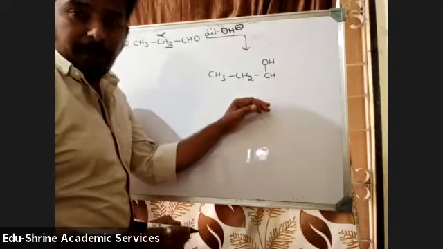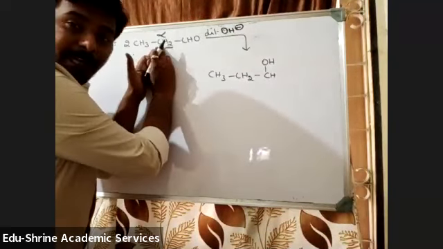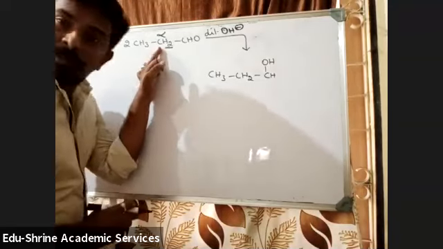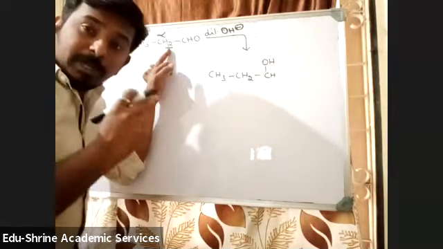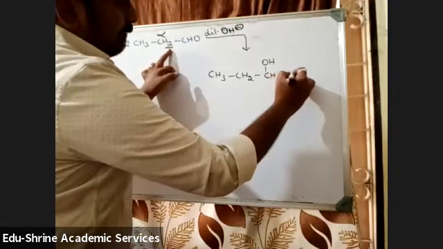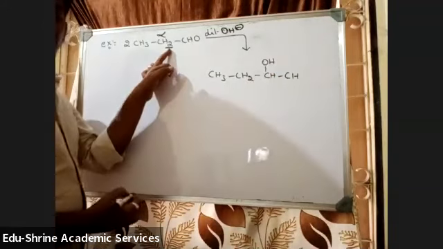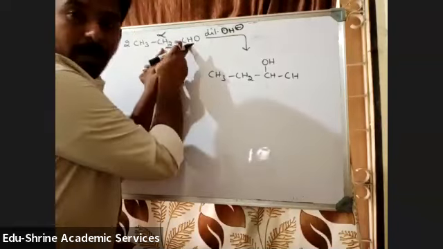This is from one part. Then from the other molecule, this is the carbon atom where you will be getting negative charge, right? Alpha carbon atom you will be getting a negative charge. That means CH2 will be converted to CH. One hydrogen will be lost from here, and that will be attacking this carbon atom, CH. Attached to this carbon atom, there is one methyl group, one aldehyde group.